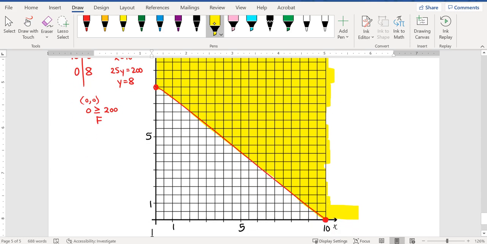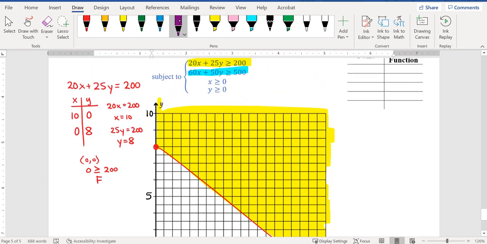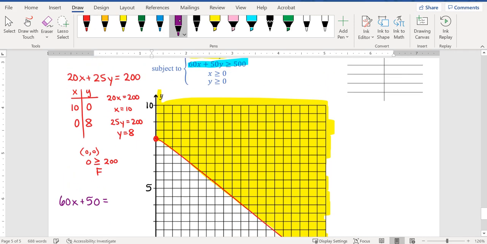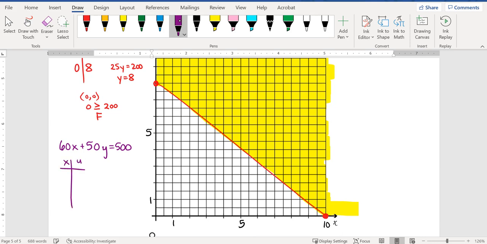All right. For my second inequality, 60x plus 50y is equal to 500. Graphing my intercepts, if y is 0, 60x equals 500.